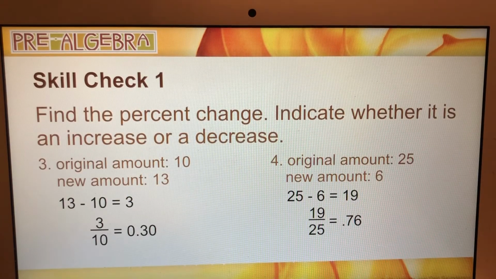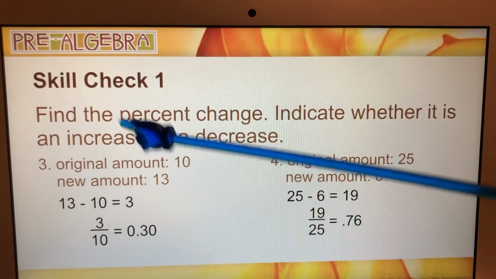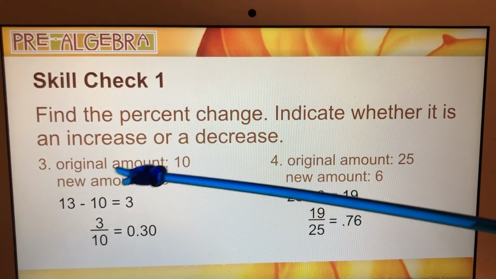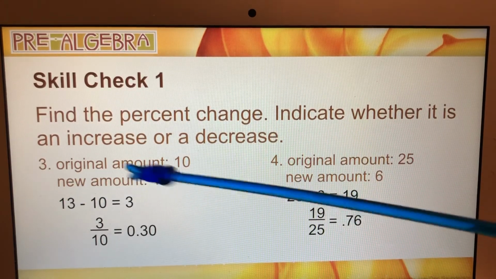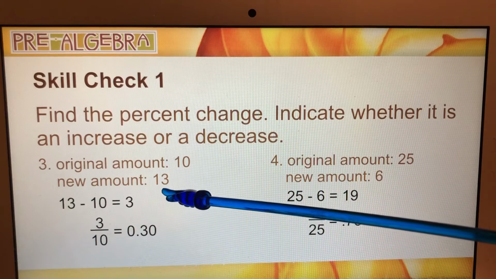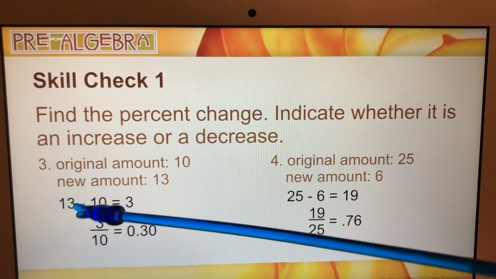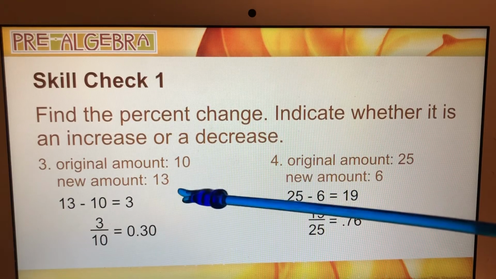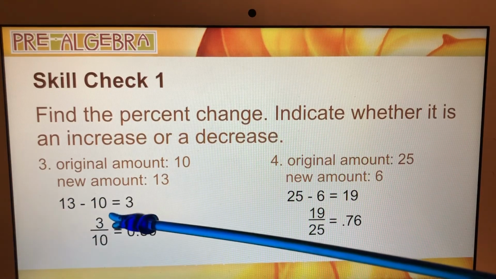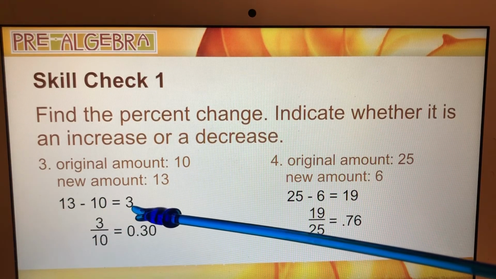Okay, now find the percent change and indicate whether it is an increase or decrease. So let's say I'm given the original amount of 10, and then the new amount is 13. So first I have to subtract the two, right? Because then I can find the amount of change. So 13 minus 10, and that gives me 3.